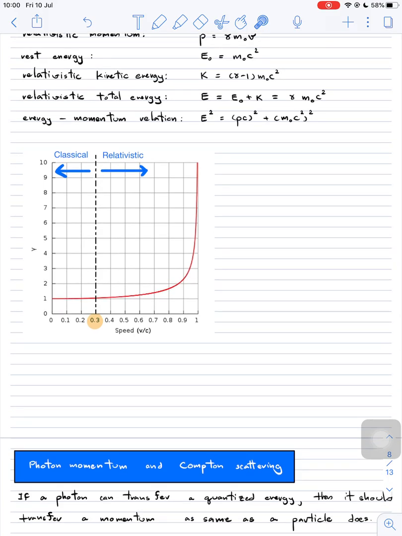If v over c is greater than 0.3, gamma tends to infinity.